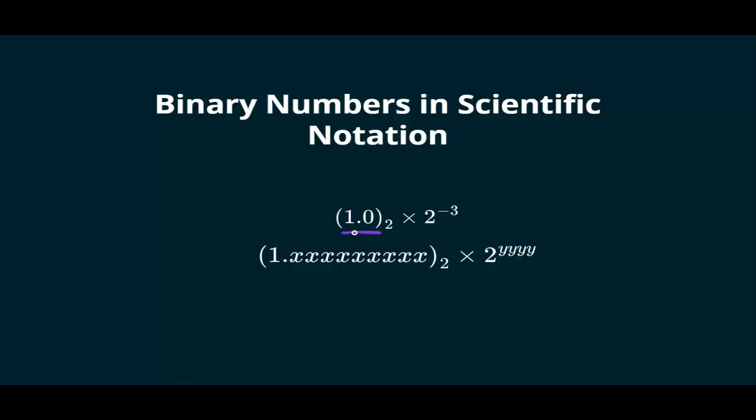Hence, this notation can be said to be in its normalized form. Generally, this can be expressed as shown. Since it is a binary number, the base is shown to be 2. Here, numbers are represented as a single non-zero digit to the left of the binary point.